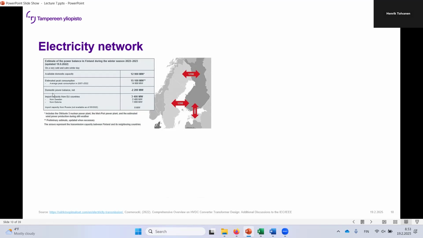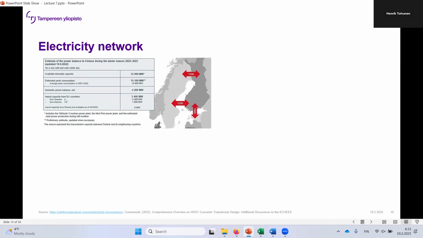So there's this domestic power balance, which has, by the way, been to some extent filled because of the wind power. But since it's fluctuating, we're still going to have these kind of power gaps.